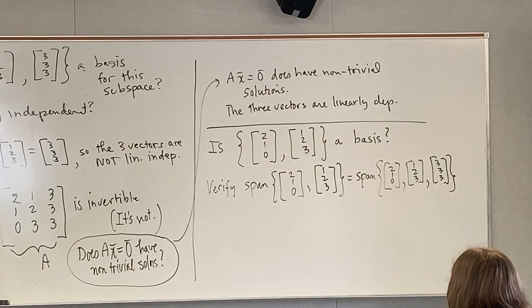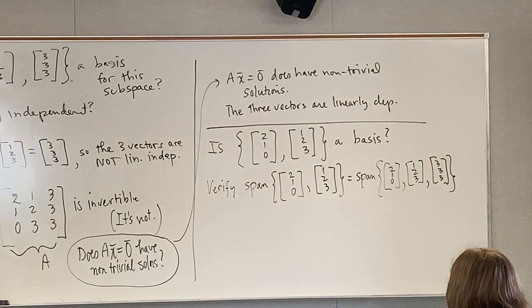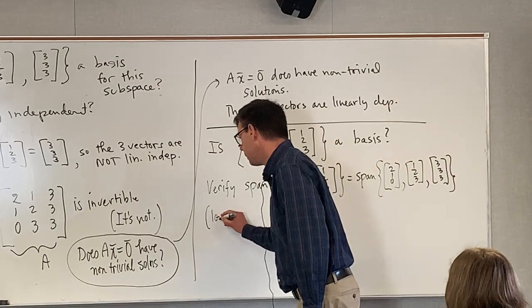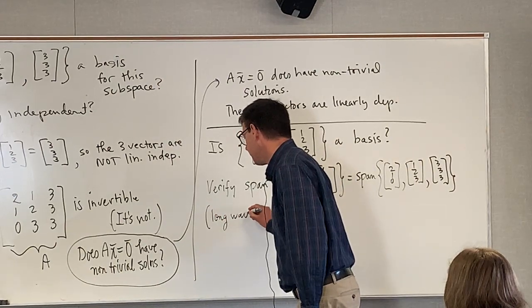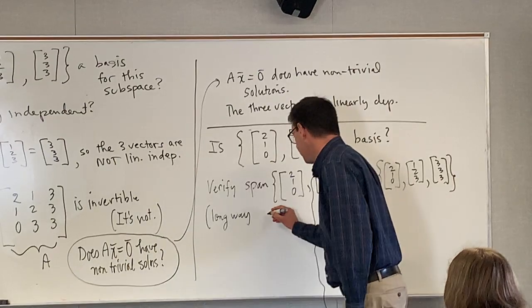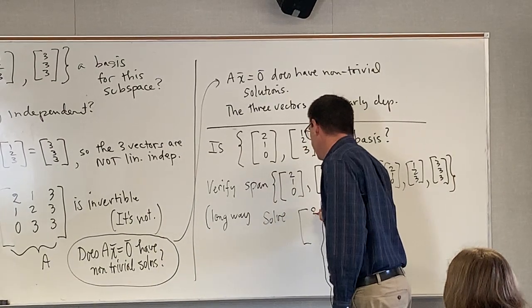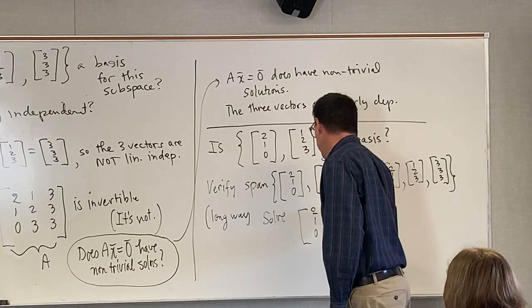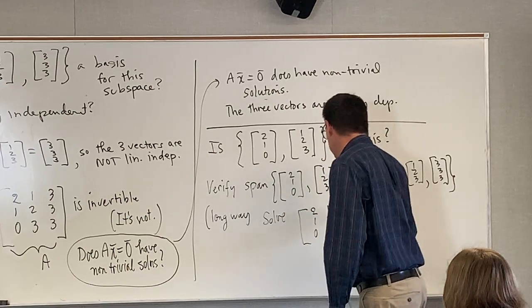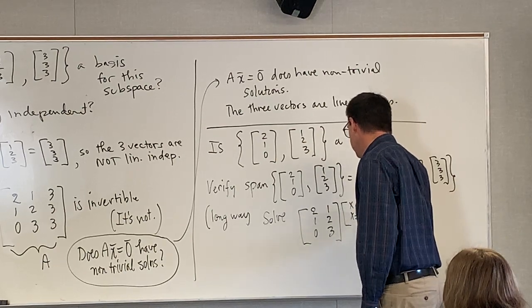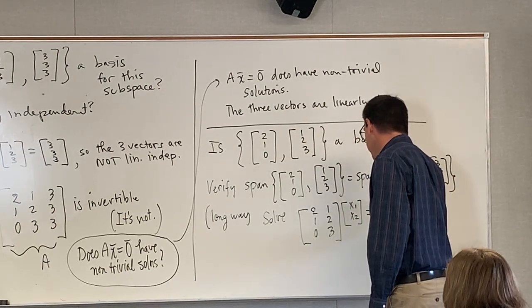Again, if you didn't see that obvious relationship, the long way is to solve 2, 1, 0, 1, 2, 3 times x1, x2 equals 3, 3, 3.